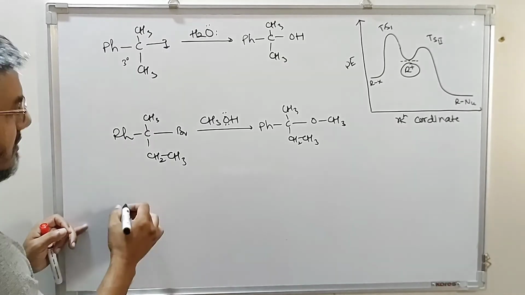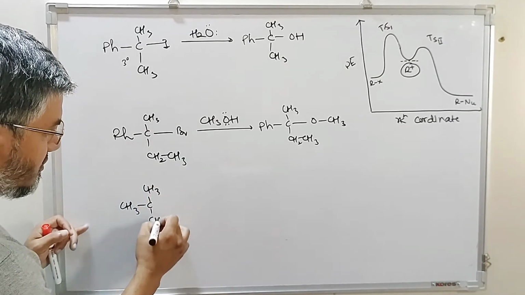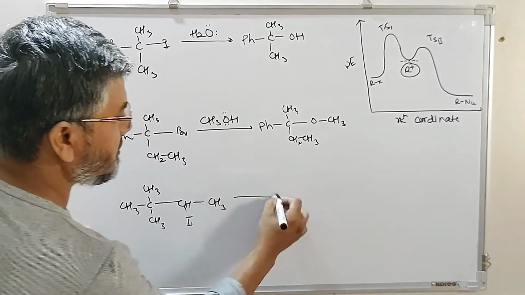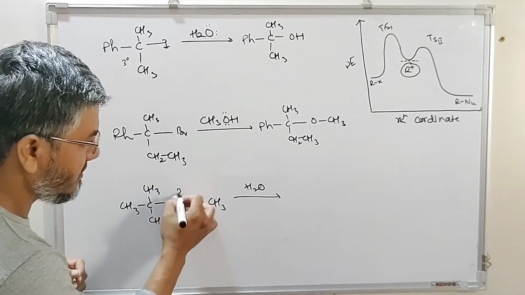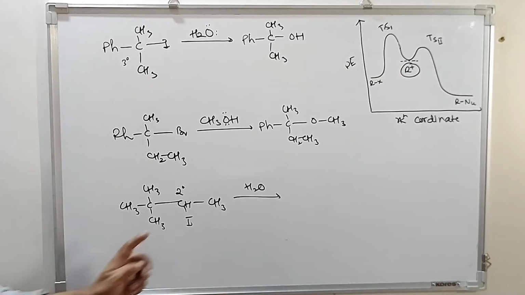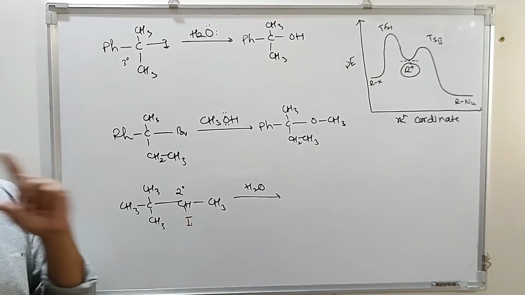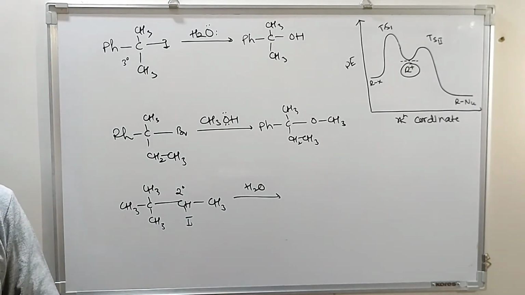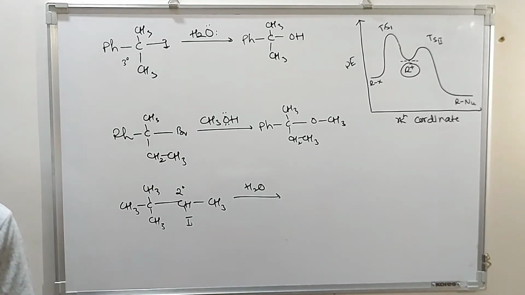Take this CH3, CH3, CH3, CH2, I, CH3. This reacts with water. Now look at this. This is secondary. So the first breaking of this bond gives you a secondary cation, and as I have mentioned earlier, whenever there is a carbocation formation, the carbocation will always try to rearrange itself to a more stable one.